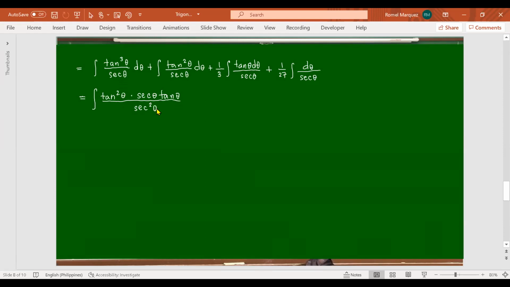This is unusual, no? We are simplifying, but here we added a secant. Secant over secant squared theta is 1 over secant. Then times tangent. What's the purpose again, guys?